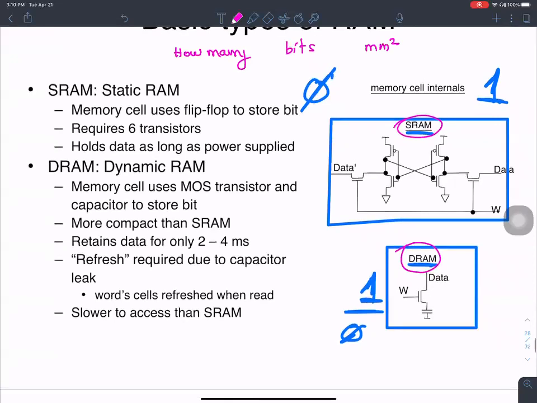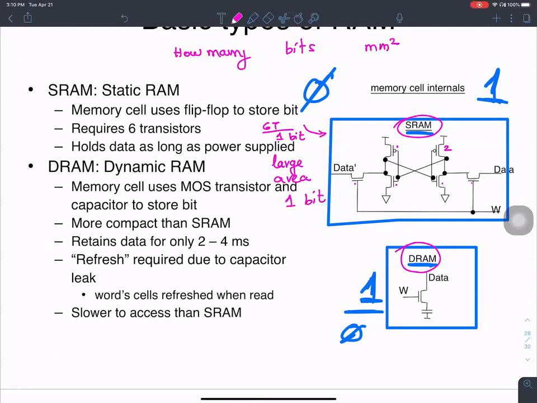So in other words, if I'm using 1, 2, 3, 4, 5, 6 transistors to store 1 bit of information, this must be occupying a large area to store 1 bit.